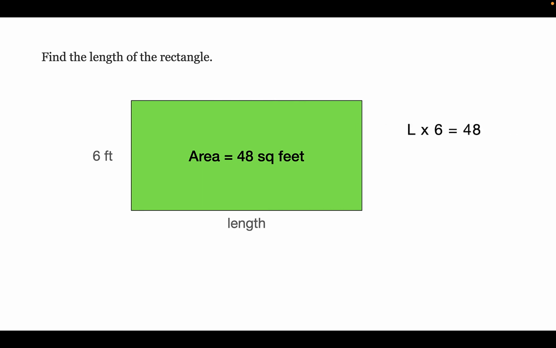That means we should be able to solve this problem. Length times 6 equals 48. Thankfully, that is easy math for us in fourth grade. We can figure this out as length equals 48 divided by 6, which is 8 feet. The length of this rectangle is 8 feet.